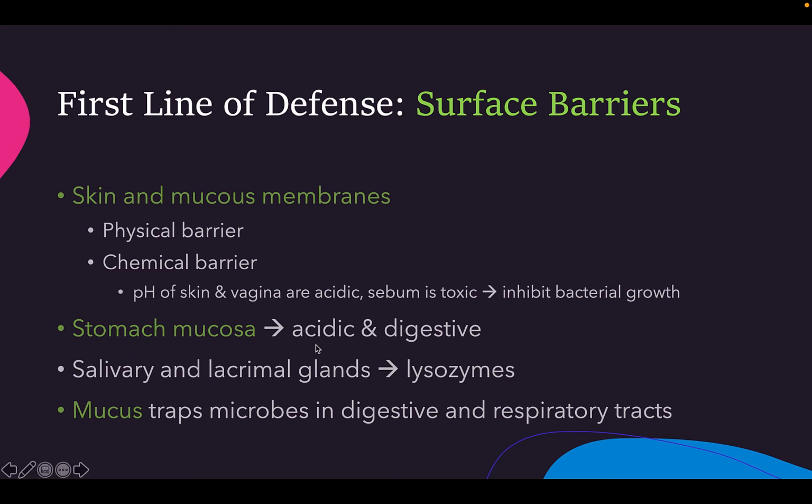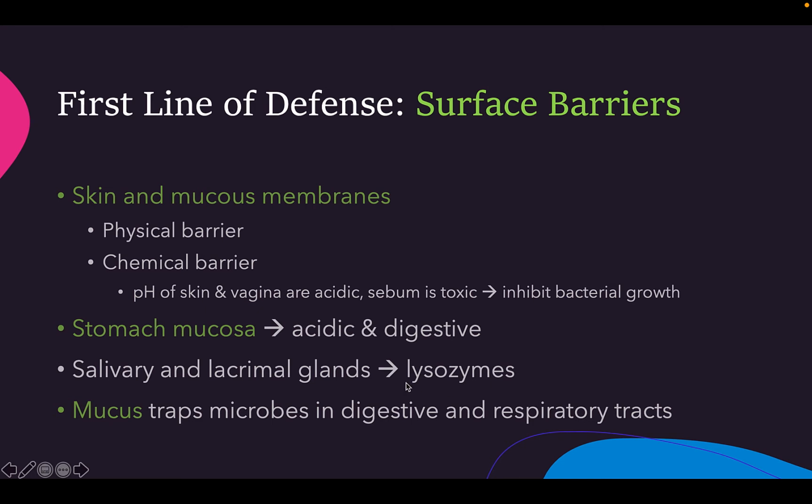The stomach mucosa is acidic and also digestive, so it's pH 2, which is very strong, so it helps break down some of those before they even make it into the small intestine to be mounting an immune response. Salivary and lacrimal glands have lysozymes in them, so they can help have a different pH than bacteria, and then they break down pathogens coming in.